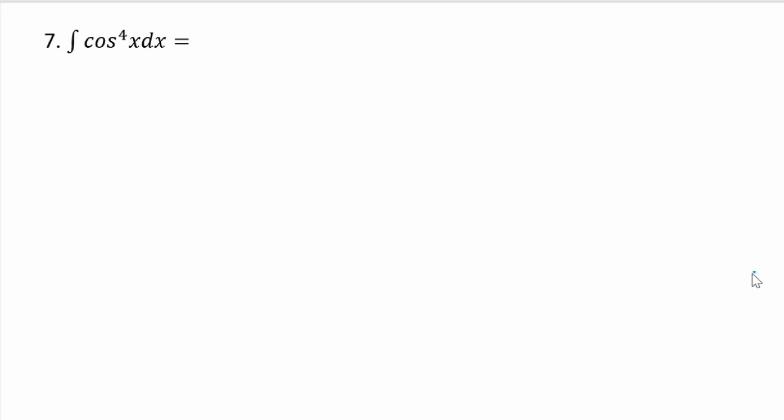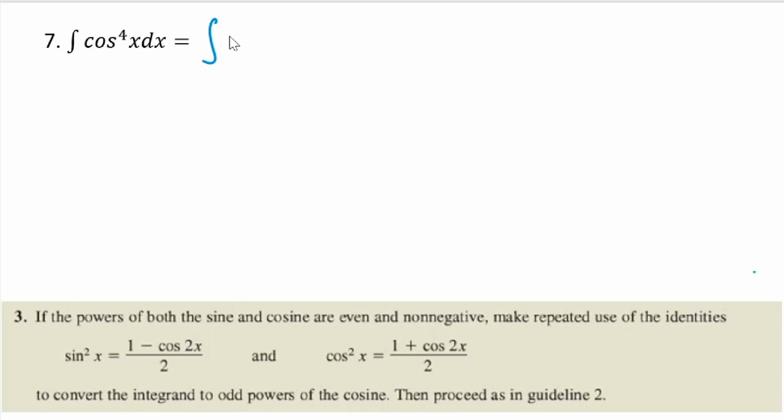Okay, number 7, the integral of cosine to the power of 4x dx can be written as the integral of cosine squared of x, then raised to the power of 2 dx.